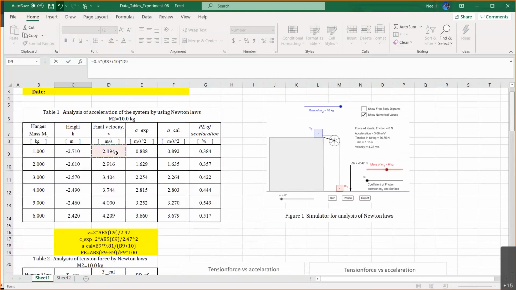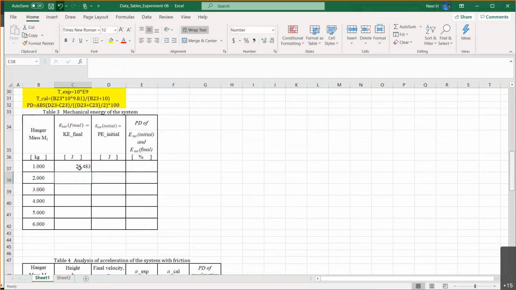Click on the D9. Power is shift and number 6, 2. Hit enter, so it will calculate the final velocity and then take the final velocity and calculate the kinetic energy final. Kinetic energy final itself is the total mechanical energy final of the whole system, because finally there's no potential energy for both objects.